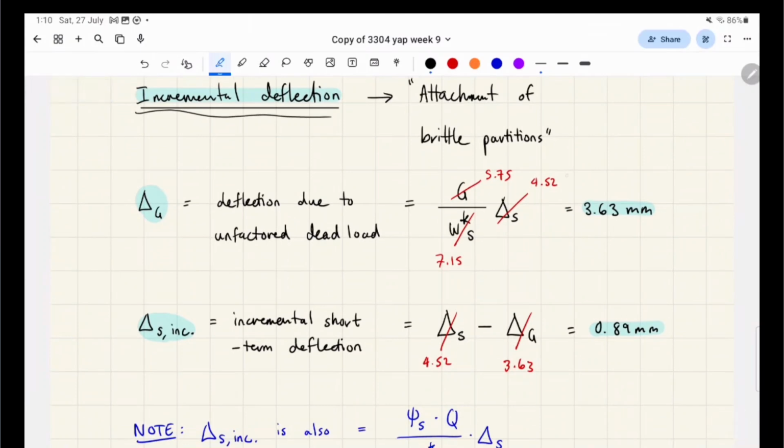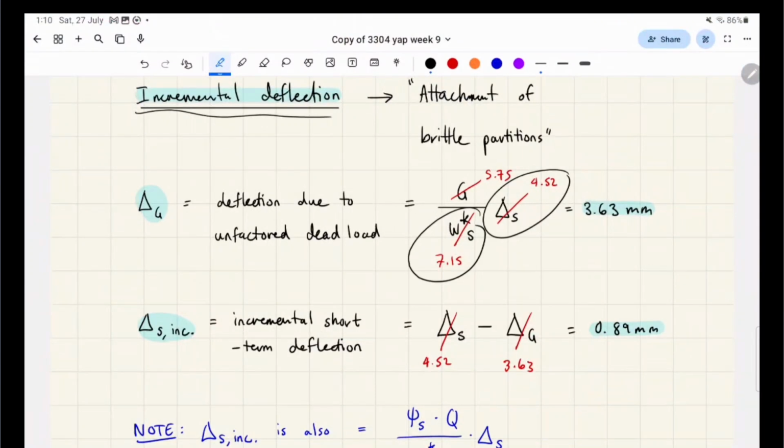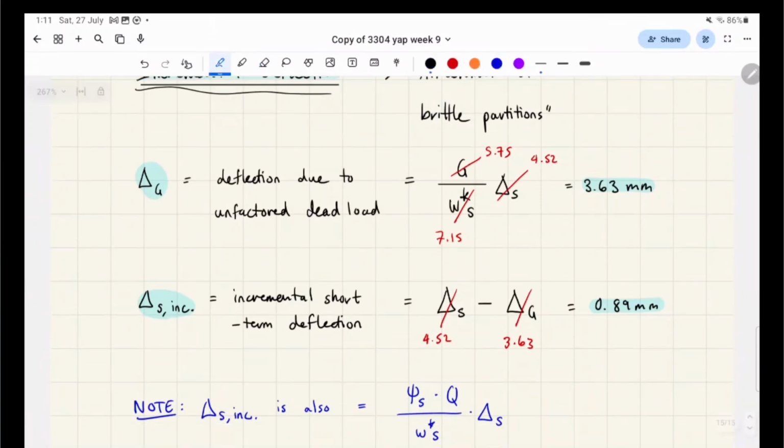So, that value we calculated was 4.52 mm from that really long calculation we did. Now we divide out the short-term serviceability load, and we multiply it by just the dead load. The dead load is the partitions and the self weight, right? And we get this value.